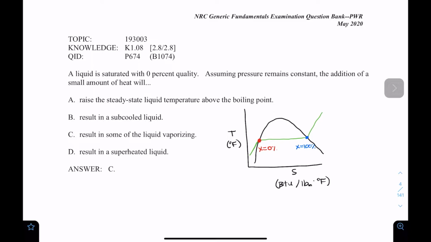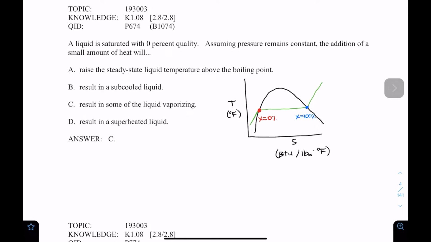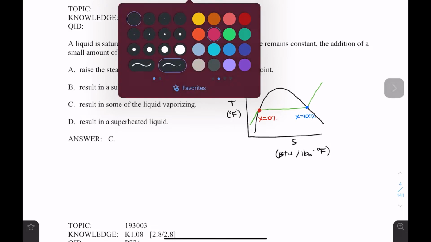I'm going to have one graph that shows me temperature over entropy. I'm going to have another graph that shows temperature and enthalpy, and also temperature and specific volume, right? So what's going to be the difference on these ones? I'm just going to write it in here, what the differences are, right?